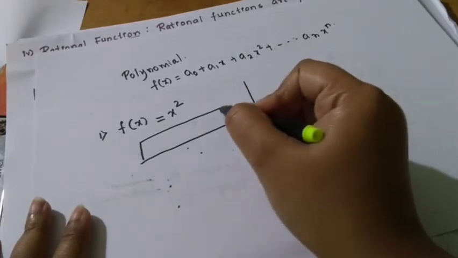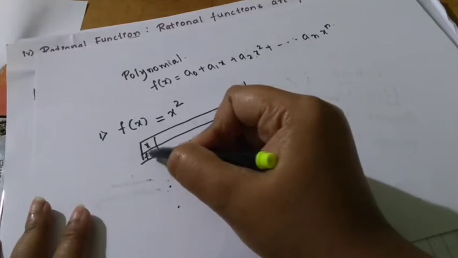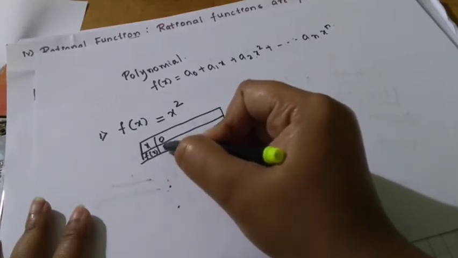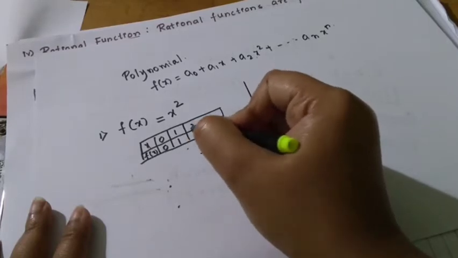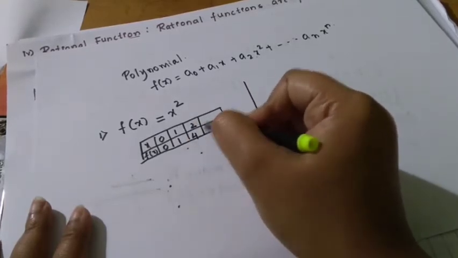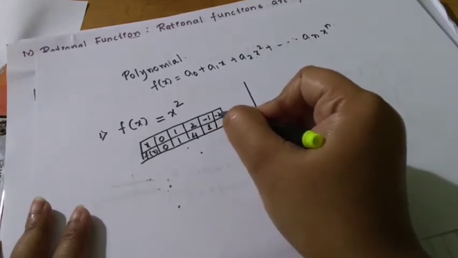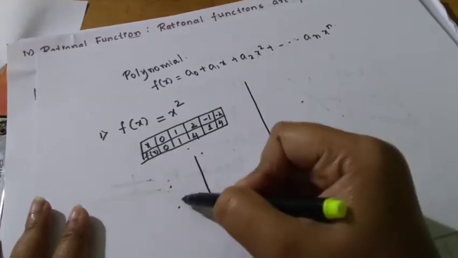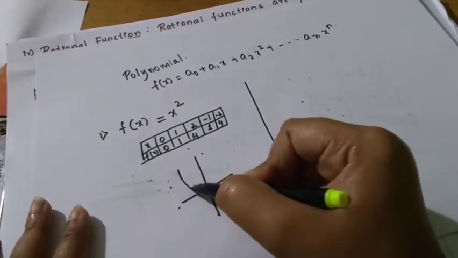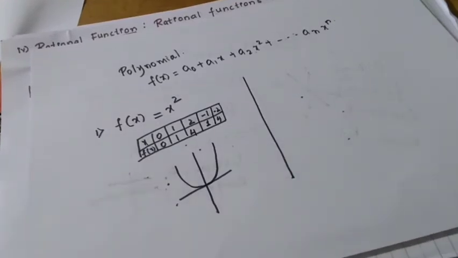When we take 0, 0 square is 0. When we take 1, 1 square is 1. Taking 2, 2 square is 4. Taking minus 1, minus 1 square is plus 1. Taking minus 2, minus 2 square is plus 4. So the graph of this function was just like this. This is what I had explained in the previous video.